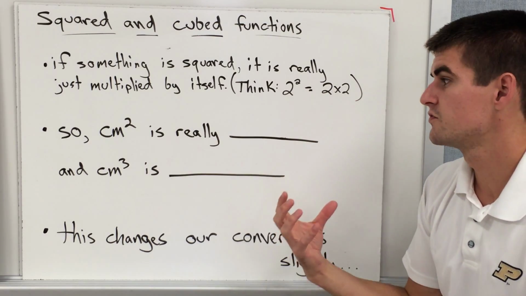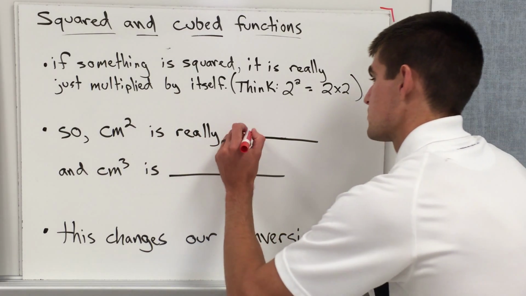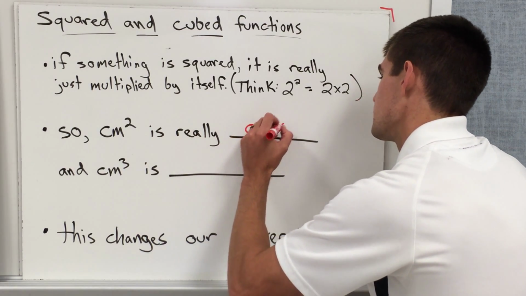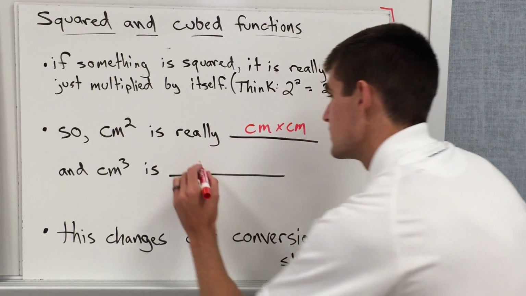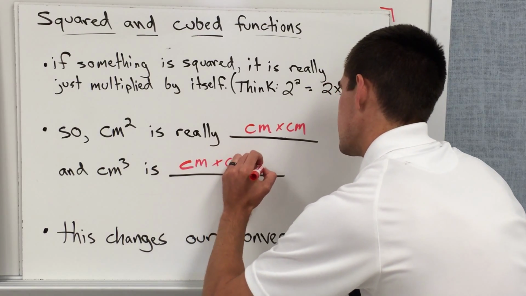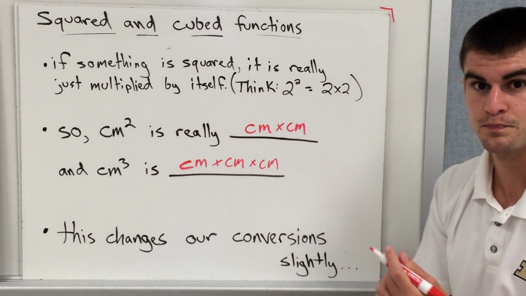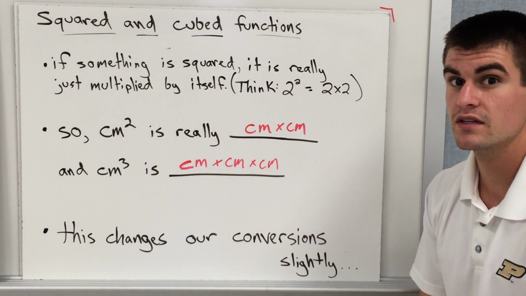Well, same thing's true for centimeter squared. So cm squared is really centimeter times centimeter. And centimeter cubed is centimeter times centimeter times centimeter. This is going to change our conversions only slightly.